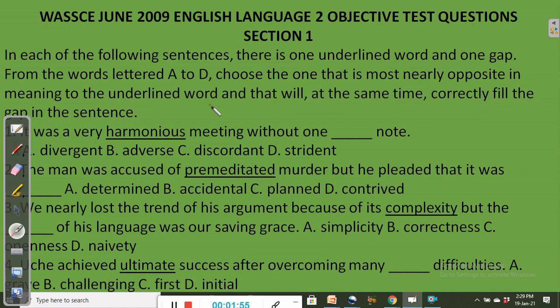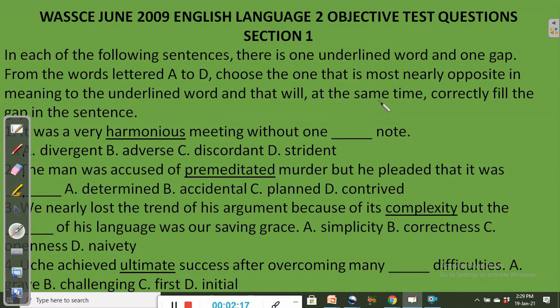So here we are looking at antonyms. Antonyms are words nearly opposite in meaning, but there is also a clause here. There is a phrase that specifies the need to look at the contextual meaning of the word.